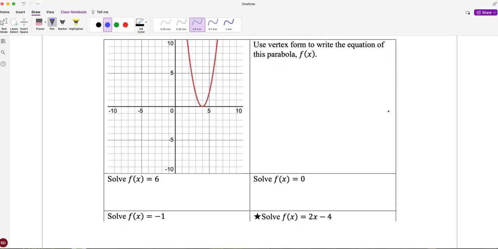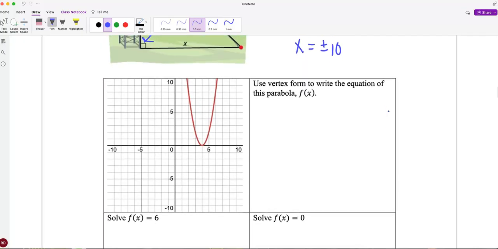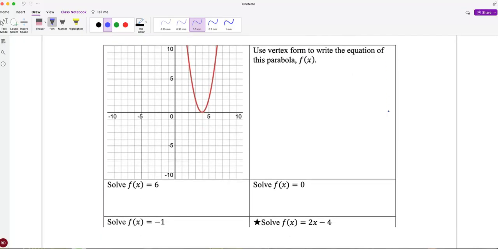Use vertex form to write the equation of this parabola. So in vertex form, the vertex is right there at 4, 0. So remember vertex form, a times x minus h squared plus k. So f of x is equal to a times x minus 4 squared plus 0.